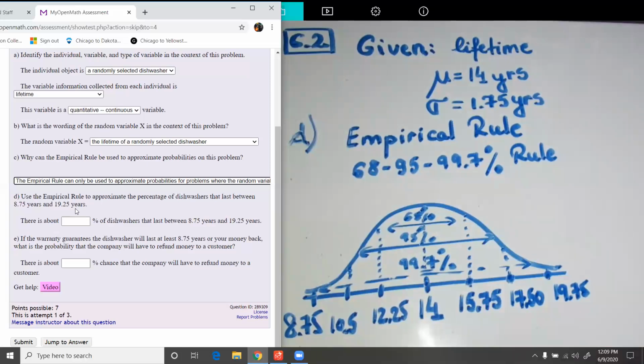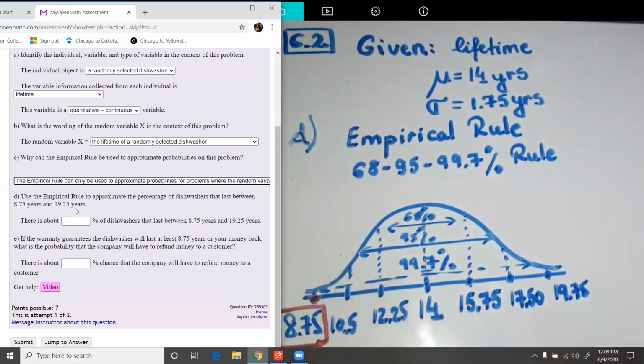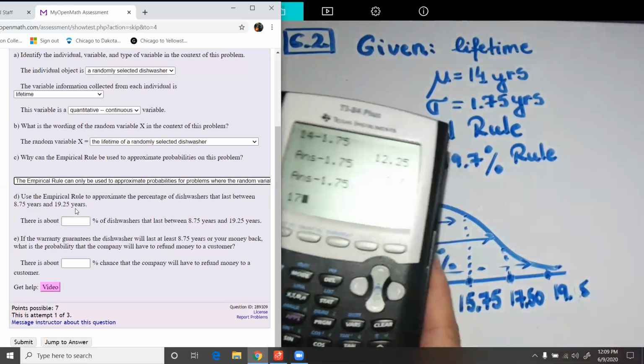So let's just locate 8.75. Here is 8.75. This value is located 3 standard deviations below the mean, right? And 19.25, I believe this is supposed to be 19.25. There is a typo. I will add again just to make sure.